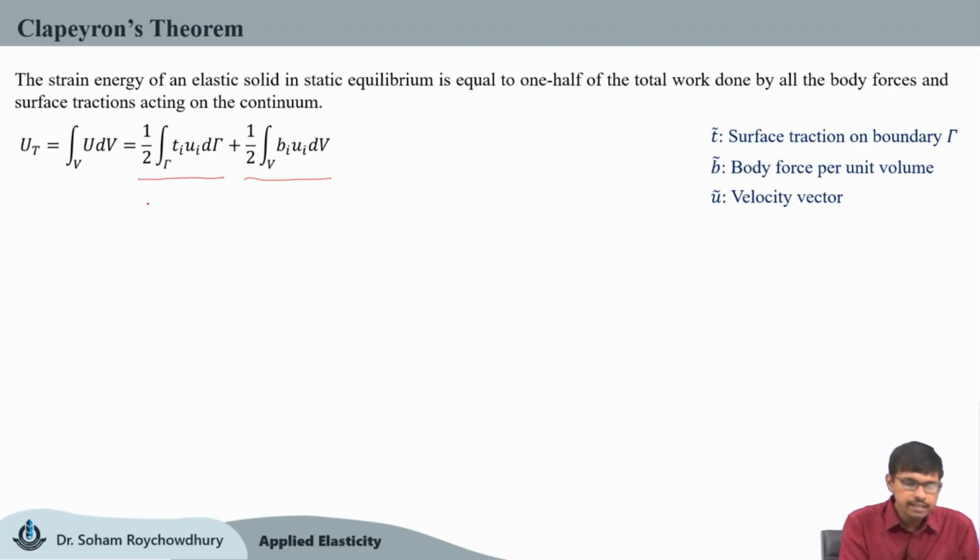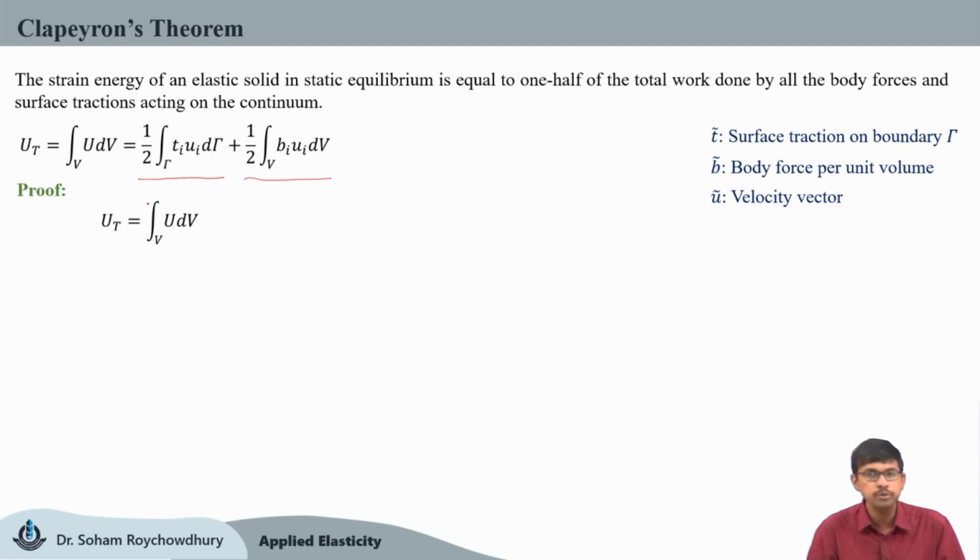So, the right hand side gives us half of the total work done by surface tractions and body forces. And as per the statement of Clapeyron's theorem, this should be equal to the total strain energy stored within the body, that is integral of U over the volume, or Ut, the total strain energy stored.